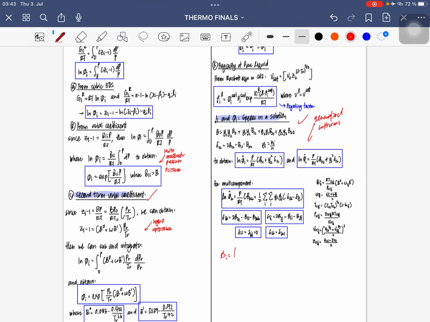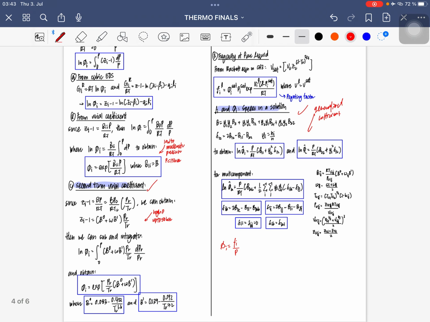So you have fugacity over P, where P is the pressure of the system. From these two methods, you need to find the fugacity coefficient, and then from there you can find the fugacity.